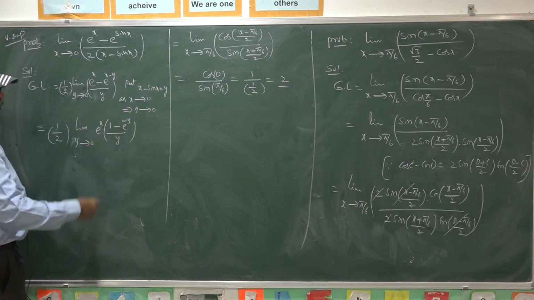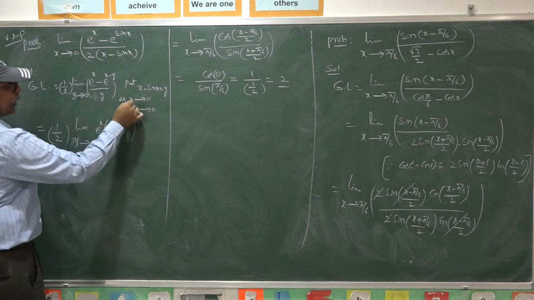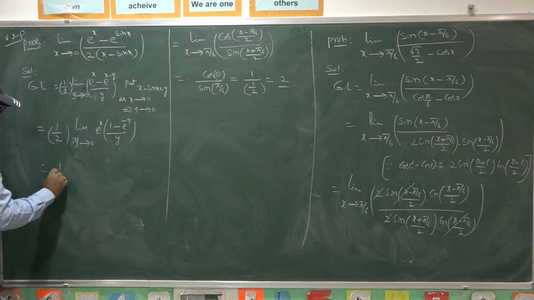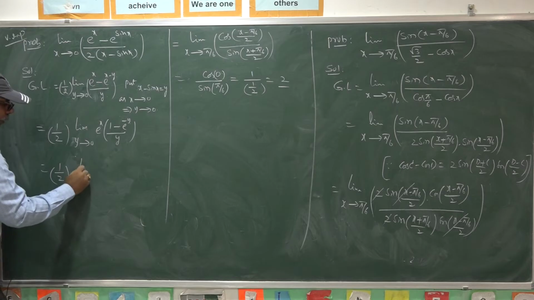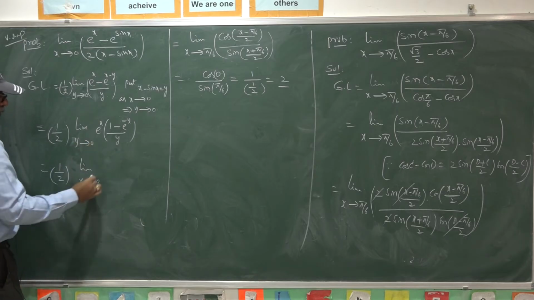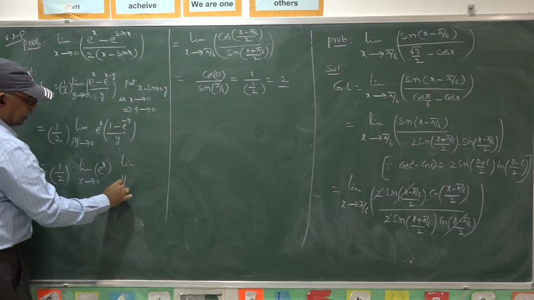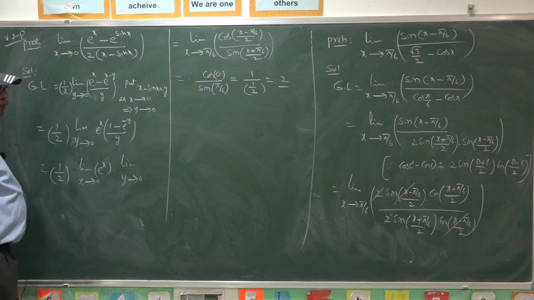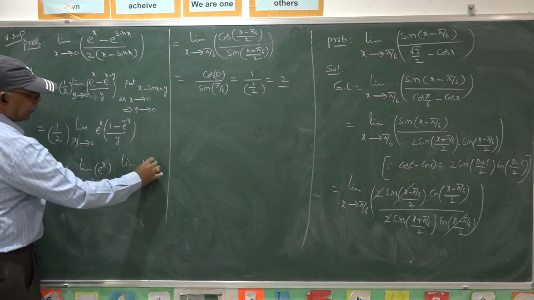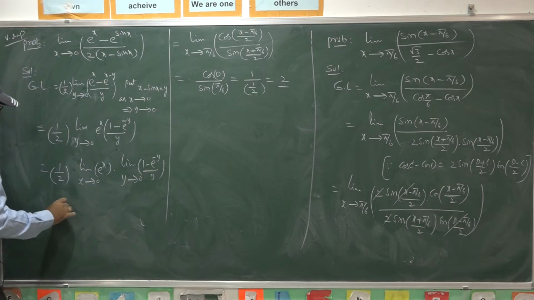As y goes to 0, x is also 0. Limit y goes to 0, and since x is 0, you can apply e power x. And here the remaining function is in terms of y. You can take 1 minus e power minus y by y itself.